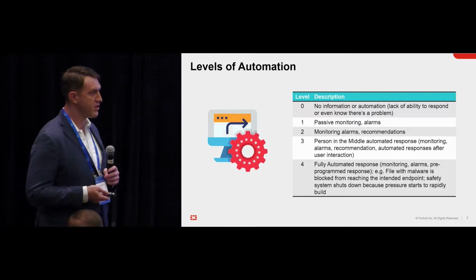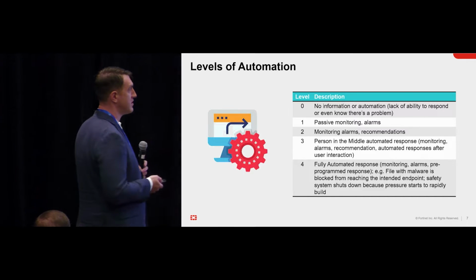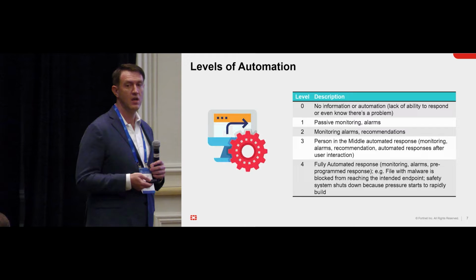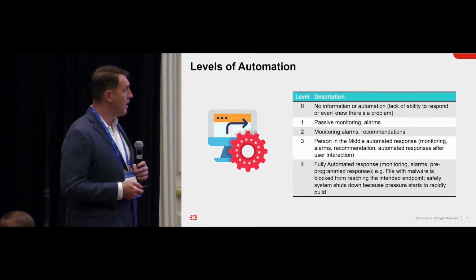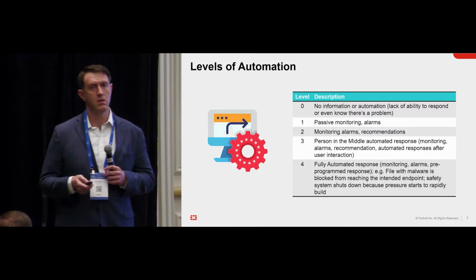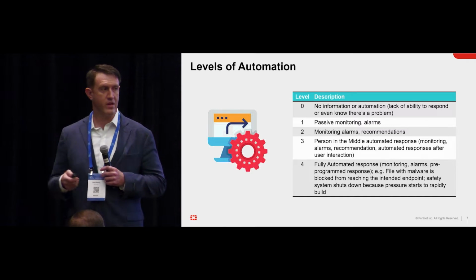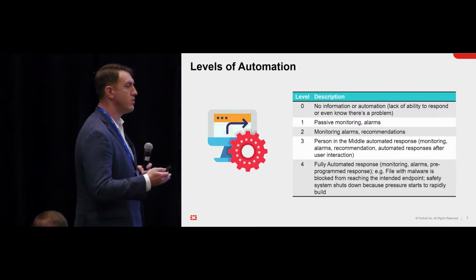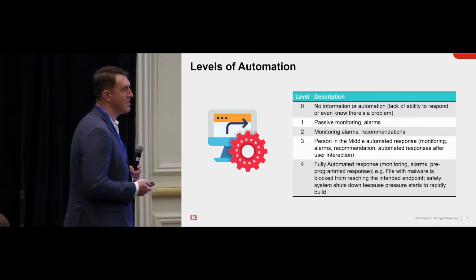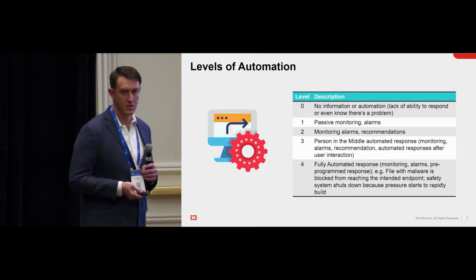We're getting information. We have to manually process, manually triage these alarms to determine if there's an issue. Then we get into monitoring, alarms, and recommendations. This thing has happened. I recommend that you do X, Y, Z, right? What does that look like in the security context?